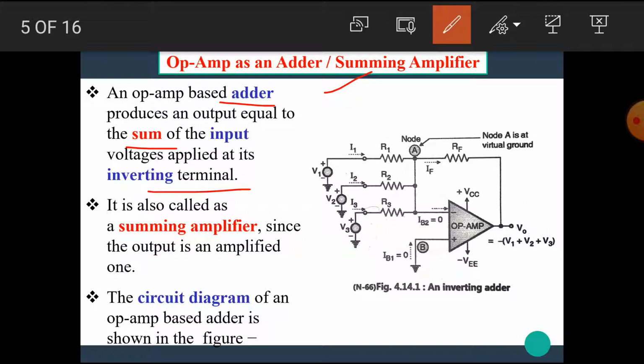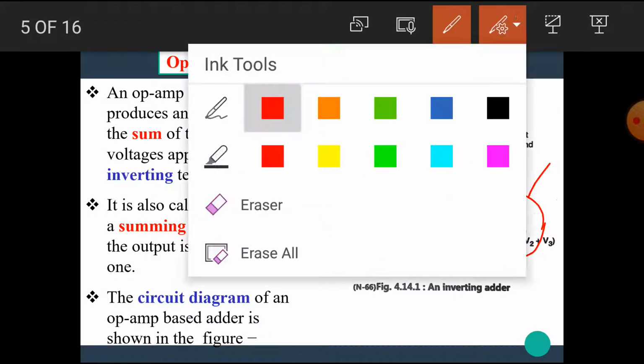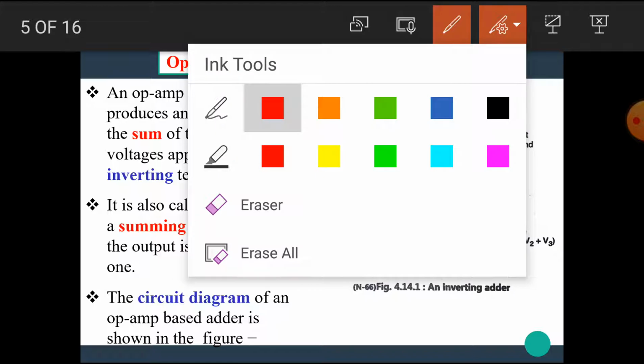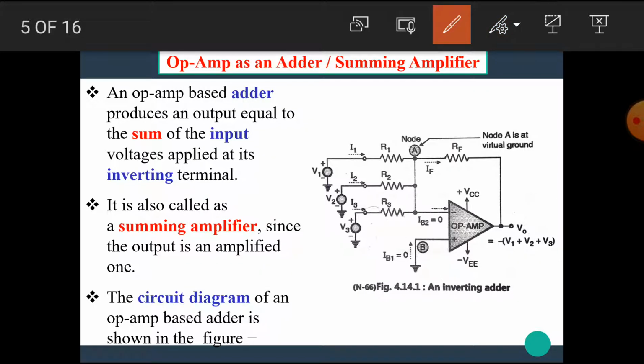That means the function of an adder is the addition of the input signals, giving the output in the form of the sum of the inputs. Here the signals are given to the inverting terminal. It is also called a summing amplifier since the output is amplified by 1.